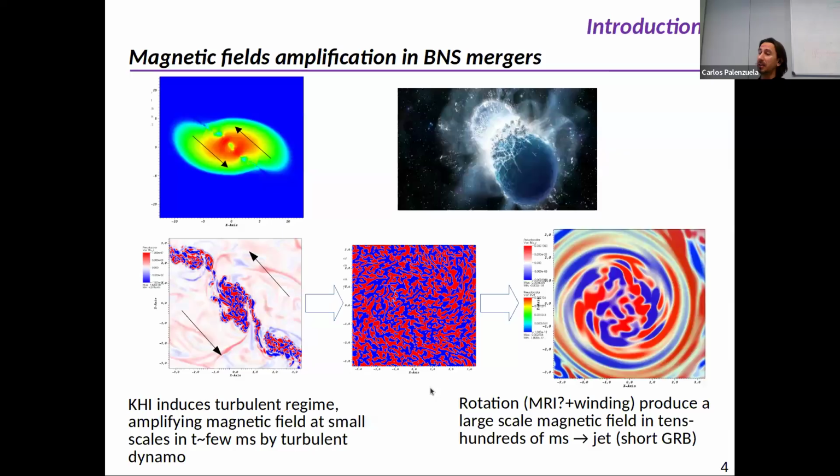And then we expect that at later times, some processes associated with the rotation will convert this small scale magnetic field into a large scale magnetic field that can produce the magnetically dominated jet that we observe in the short GRB.